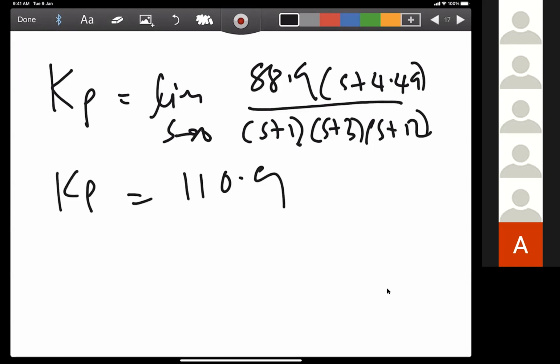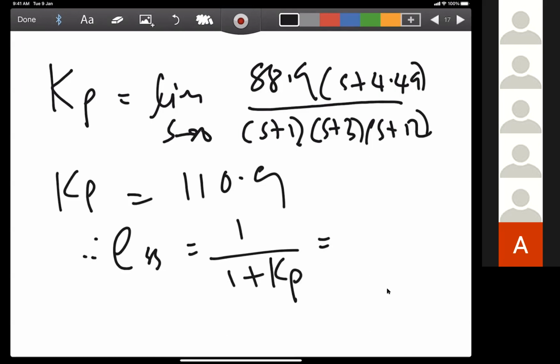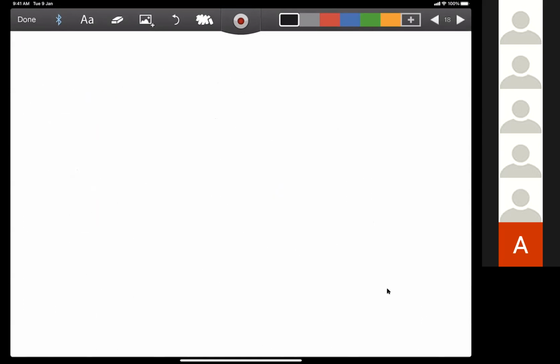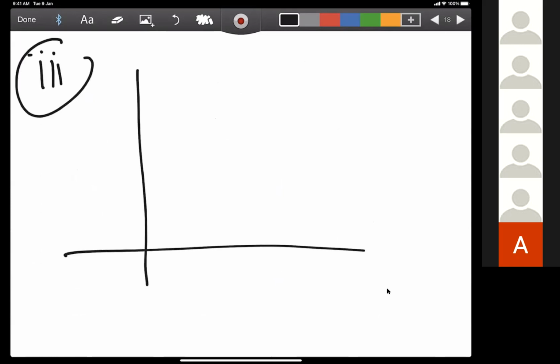Because this system is type 0, no poles at the origin, ESS will be 1 over 1 plus Kp, which is 0.009 or 0.01, the steady state error. Then sketch the response. Okay, so this is just the icing of the cake.